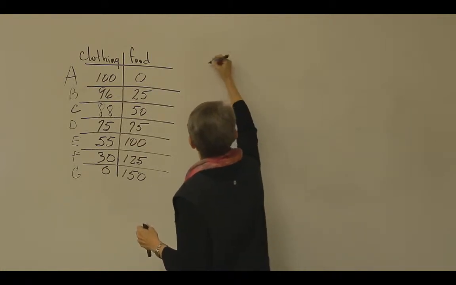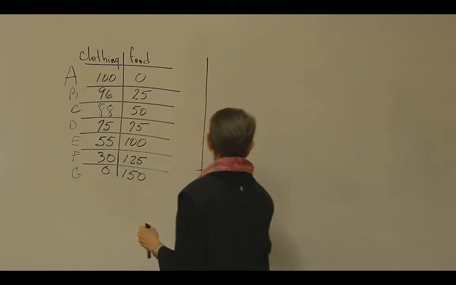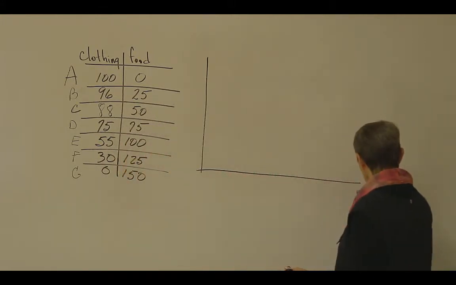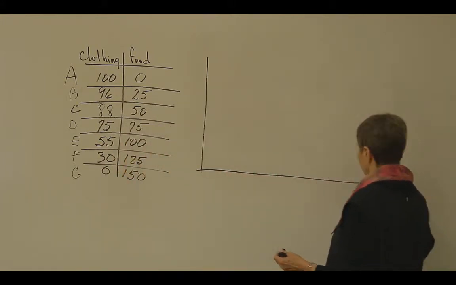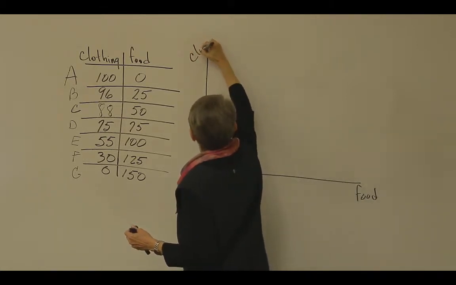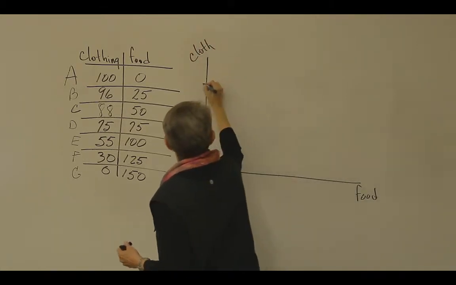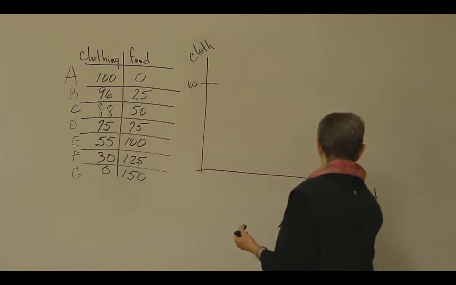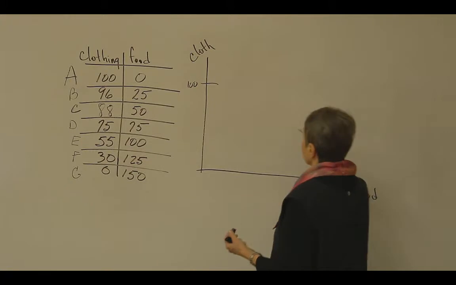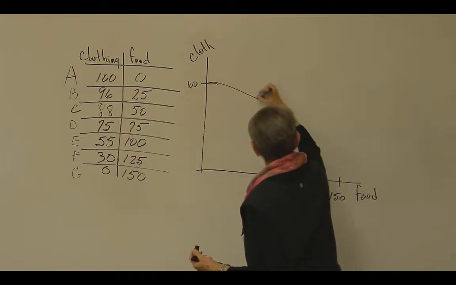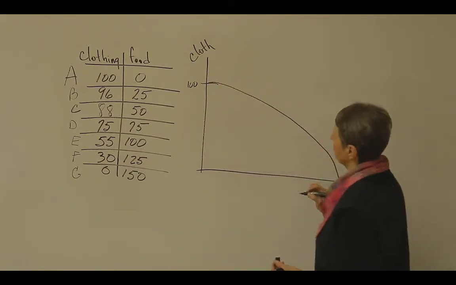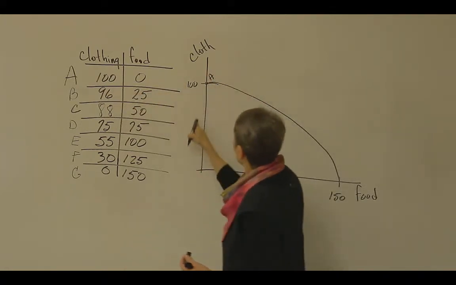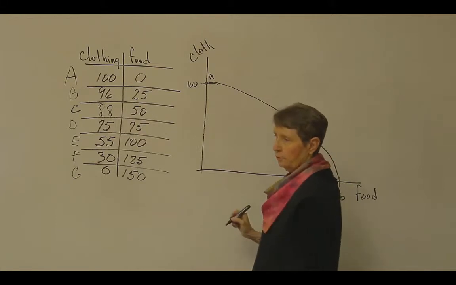Let's draw a graph of this production possibilities curve. I'll put food on this axis and clothing up here, with 100 and 150. So my production possibilities curve looks like this, and this would be point A, which is 100 units of clothing and no food.